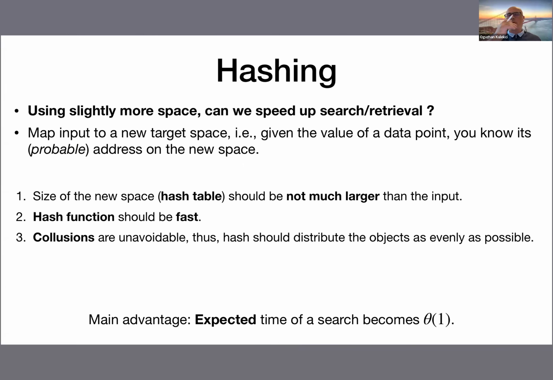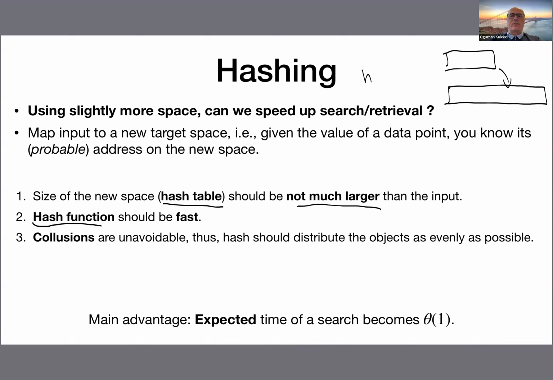Okay. What we were talking about, we said that the size of this hash table should not be larger than the input. If this is my input and I would like to create a hash table, the size should not be very large. In addition, the hash function, that is h(x), right?